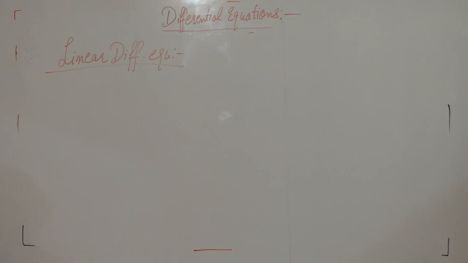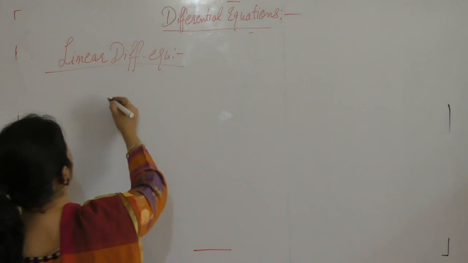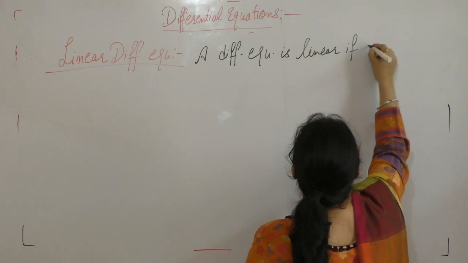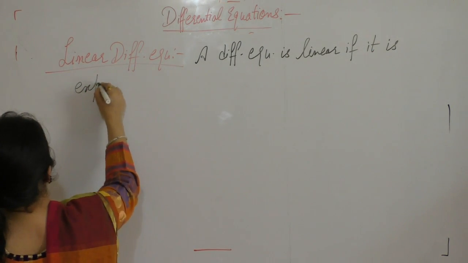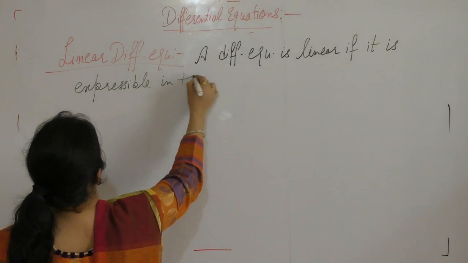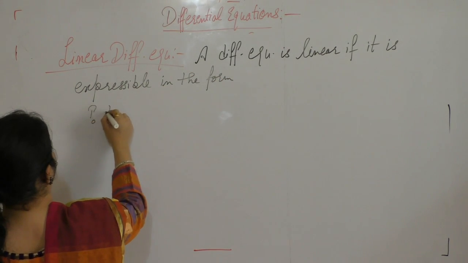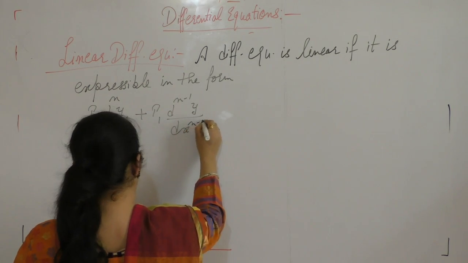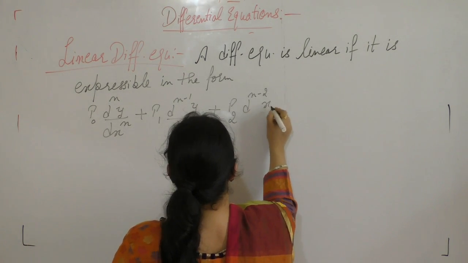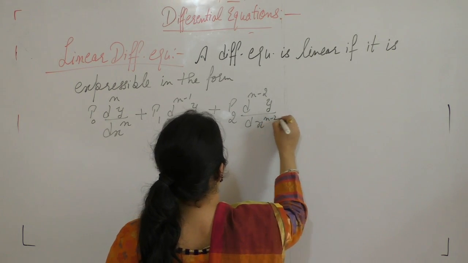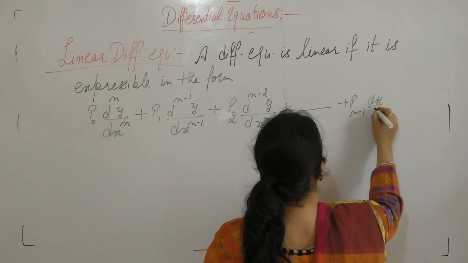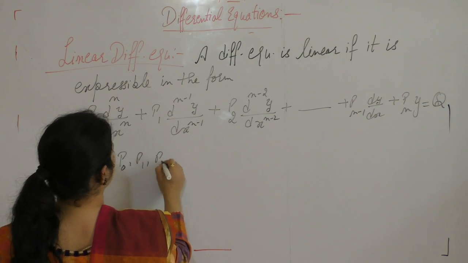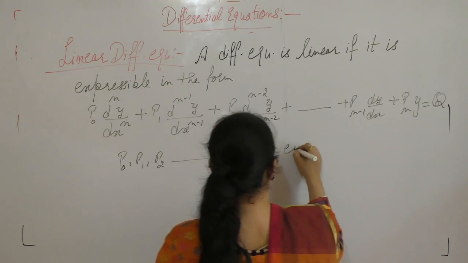A differential equation is linear if it is expressible in the form P0 d^n y upon dx^n plus P1 d^(n-1) y upon dx^(n-1) plus P2 d^(n-2) y upon dx^(n-2) and so on up to P(n-1) dy upon dx plus Pn y is equals to q, where P0, P1, P2 and so on up to Pn and q are either constants.